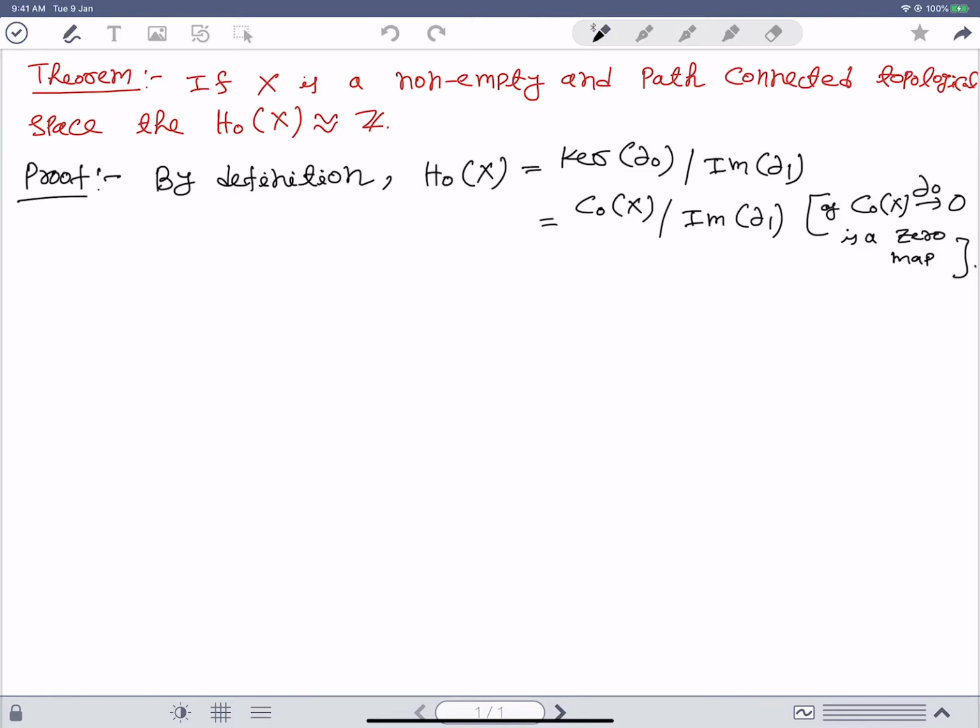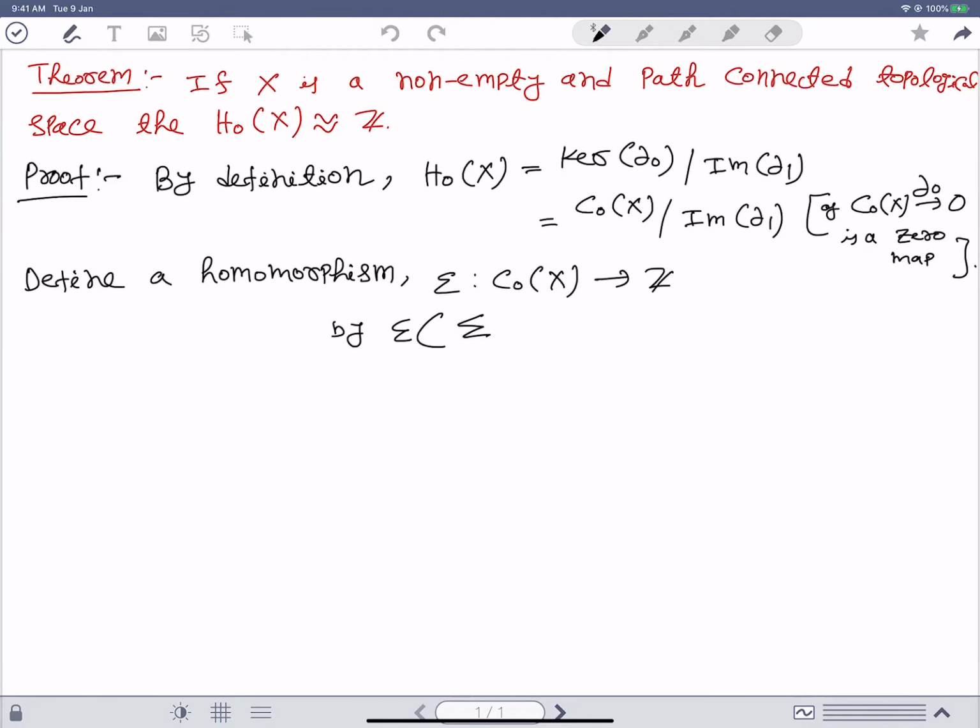Now we define one homomorphism. Define a homomorphism, say the map epsilon from the group C0 of X to Z, by epsilon of the summation i equal to 1 to m, this is a finite sum we know, n_i sigma_i.